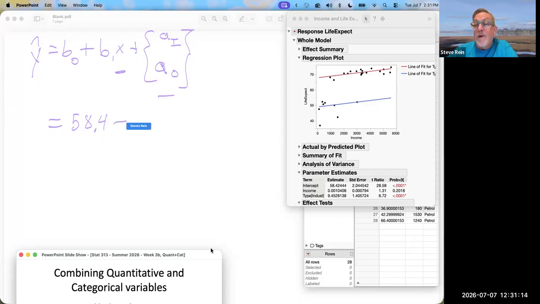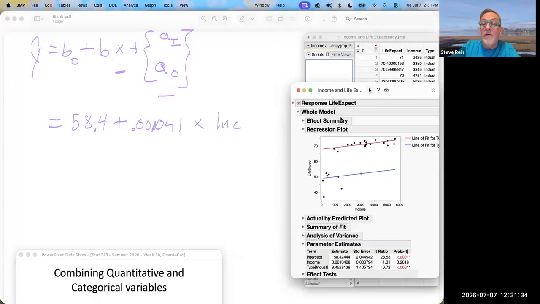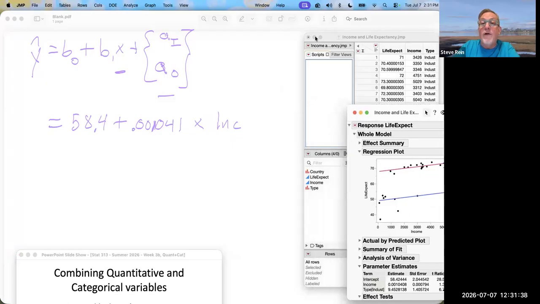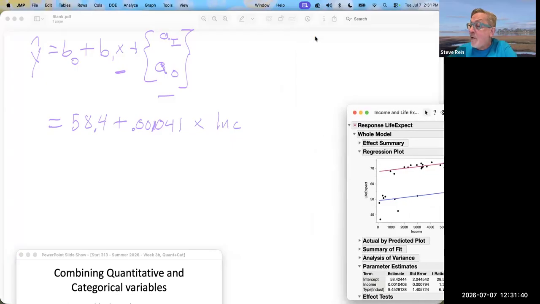Plus 0.00104 times income. And then I'm going to add in one of two values. And the value I'm adding in is either a positive 9.45 or it's a negative 9.45.